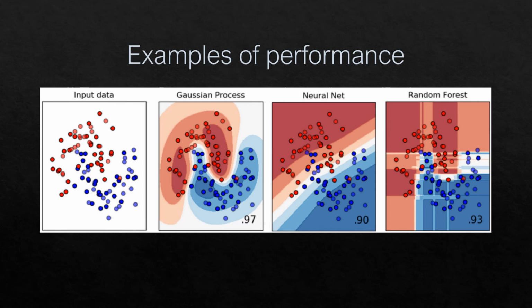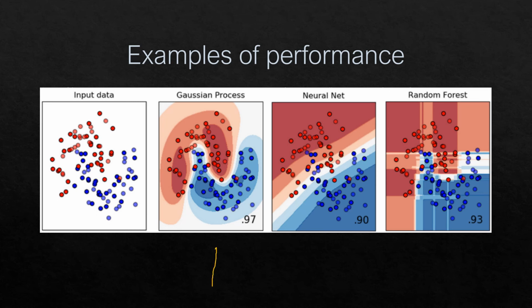Now, the Gaussian process machine learning method can be used for classification, regression, and unsupervised learning. Here's an example of classification. We can see that the Gaussian process is definitely outperforming neural networks and random forests.